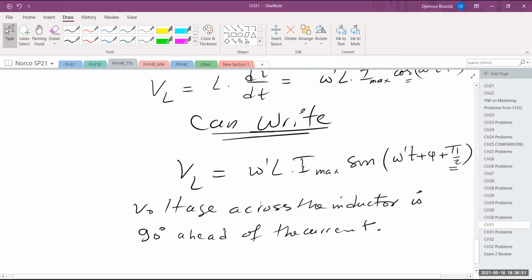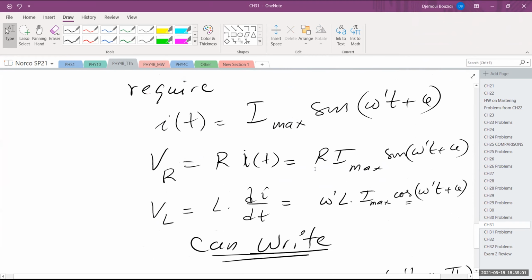So the voltage across the inductor is 90 degrees ahead of the current. As a matter of fact, I can make an assertion in here, because the VR has a sine of omega prime t plus phi, and the I has a sine of omega prime t plus phi. So both of them have the same phase. There is no 90 degrees or 7 degrees or any degrees between them.